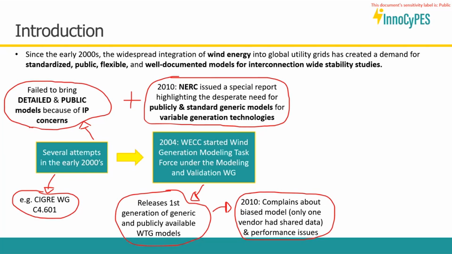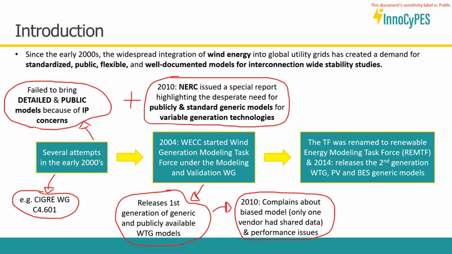But then in 2010, NERC, another American institution, issued a special report highlighting the pressing need for public and standard generic models for variable generation technologies. It was like a claim, right, that we need it desperately. And they broadened it, and in the end they renamed the task force, calling it the Energy Modeling Task Force.